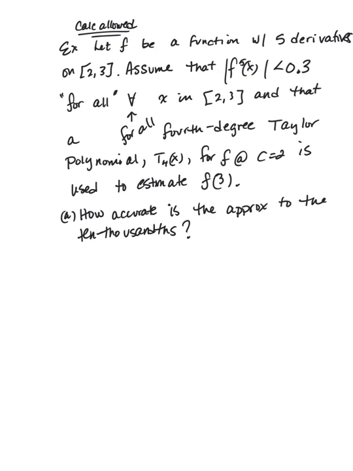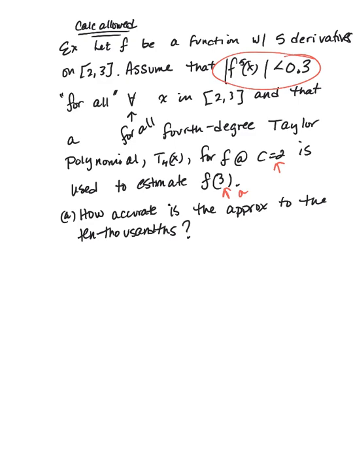And a 4th degree Taylor polynomial, T sub 4 of x, is used for f at c equals 2. So that's your center, and we're using this to approximate f of 3. First let's identify that this is a, this is c, this is your bound. So how accurate is the approximation to the 10,000ths?